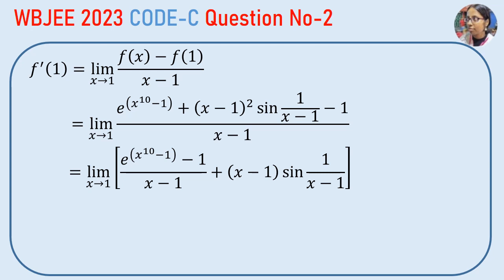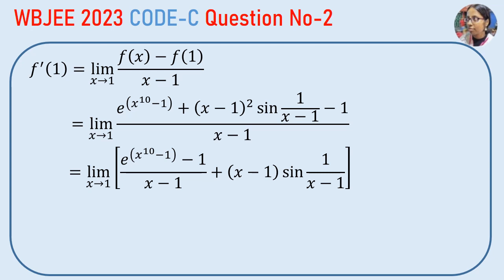And since x minus 1 not equal to 0, we cancel x minus 1 from denominator and numerator, and we will obtain x minus 1 into sin 1 upon x minus 1.